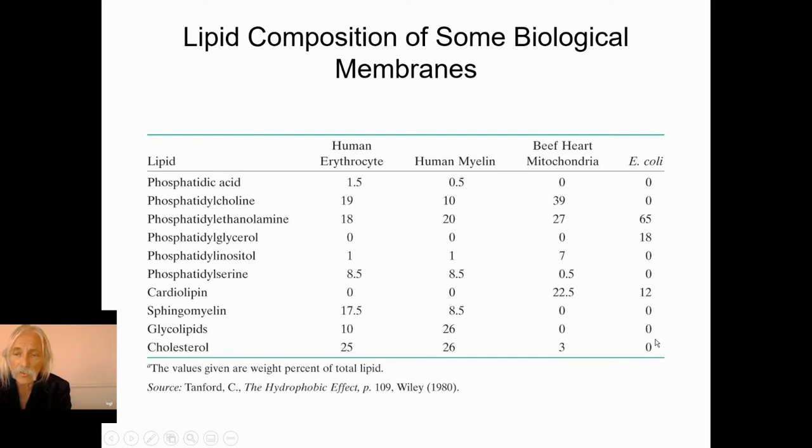Of course, there's no cholesterol because prokaryotes don't make that sterol lipid, presumably to do with the amount of oxygen in the environment when they evolved, according to one of my mentors, Konrad Bloch, who's now passed away a long time ago. You also see very low levels of cholesterol in the mitochondrial membrane.